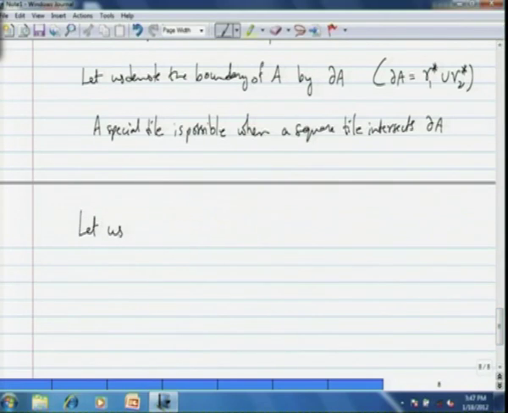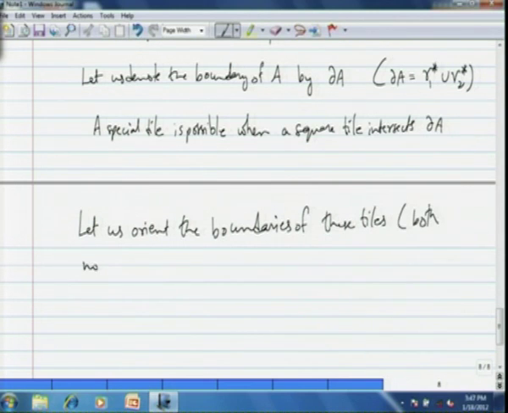And now, let us orient the boundaries of these tiles, both normal and special, in the positive sense.